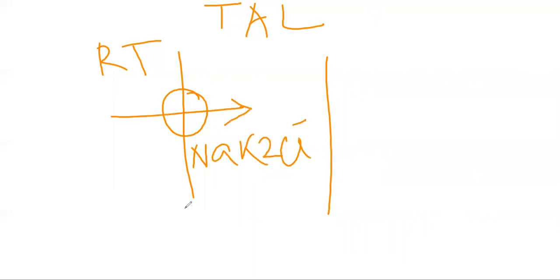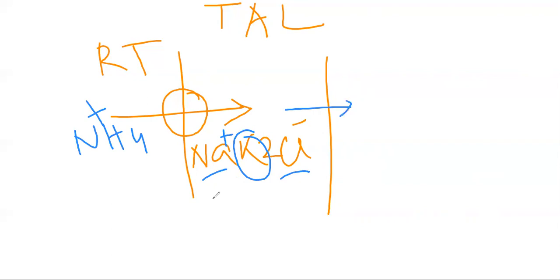Here the potassium ion will be replaced by the ammonium ion, and this ammonium ion along with the sodium and 2 chloride ions will come into the cell, and eventually it can transfer into the medullary interstitium.